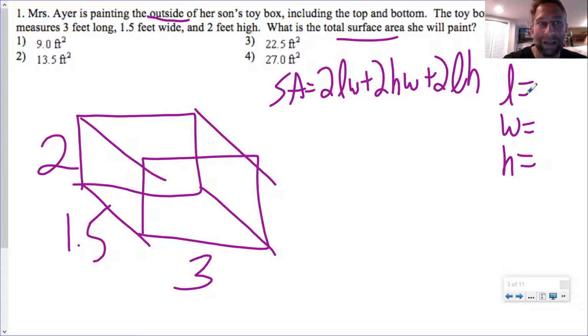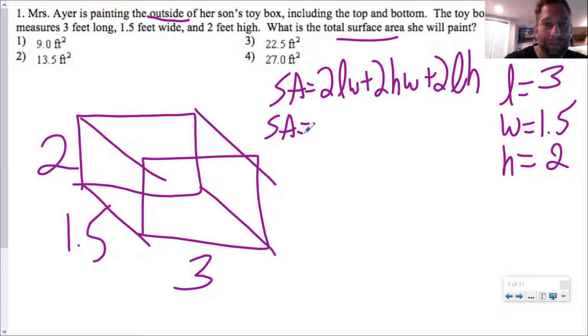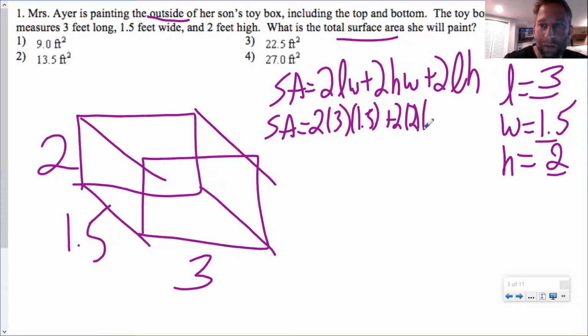So my length is 3, my width is 1.5, my height is 2. So 2LW is 3 and 1.5, 2HW is 2 and 1.5, 2LH is 3 and 2.